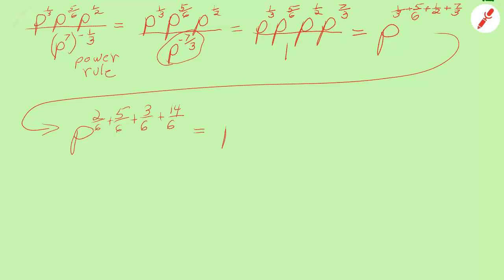So I'll have p to the 2 plus 5 is 7, plus 3 is 10, plus 14 is 24. I'll have p to the 24 over 6 power, which is going to be the same as p to the 4th power. And there's my answer, p to the 4th power.